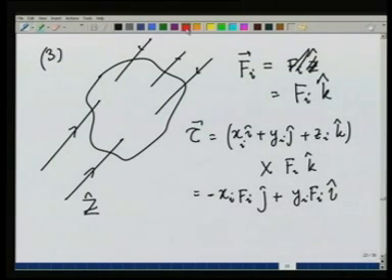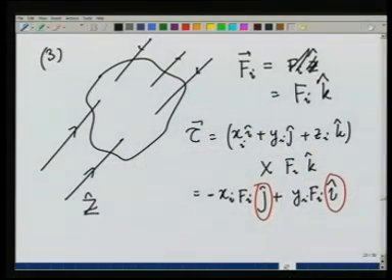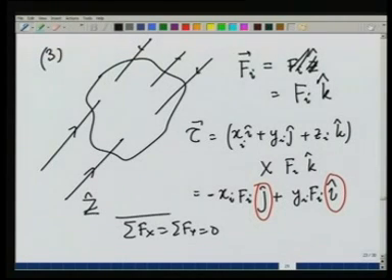So, this also has components only in x and y directions. So, I need not worry about the z component of the torque. Since there are no components of the force in x and y direction in this case, therefore, I have summation f x is equal to summation f y is equal to 0 automatically satisfied.